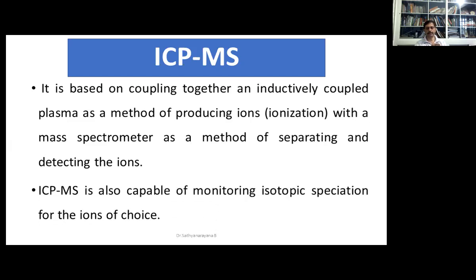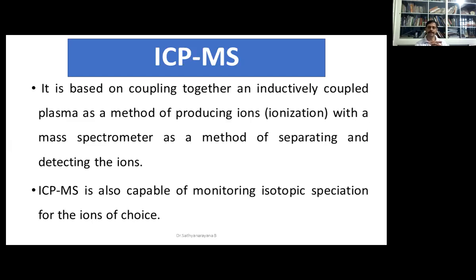ICP-MS is also capable of monitoring isotopic speciation of the ions of choice. This is very interesting. It may be the same chemical element, but maybe a different isotope. This isotopic speciation is not possible in the technologies like atomic absorption spectroscopy or flame photometry.